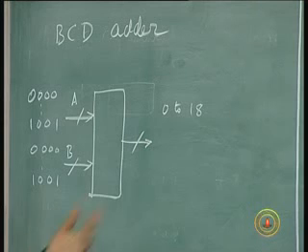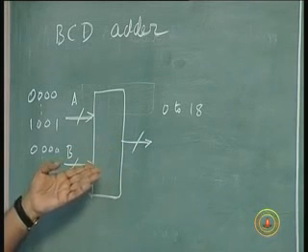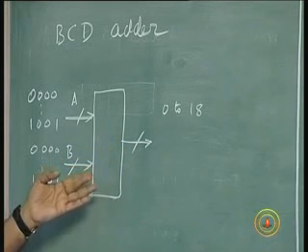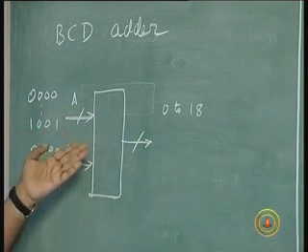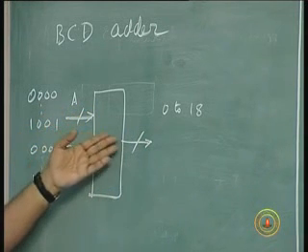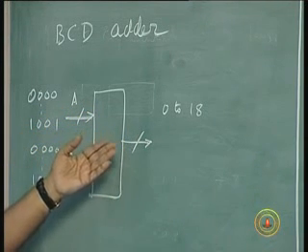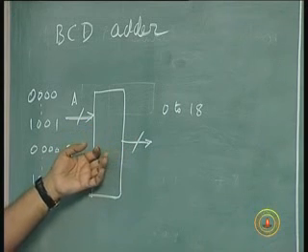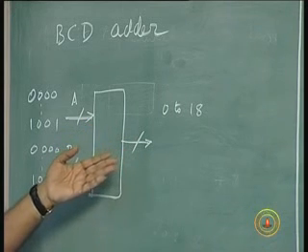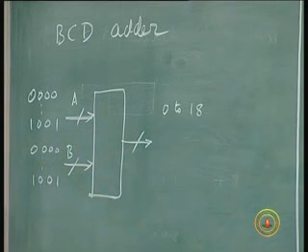But inside it is a binary adder. So when I give up to 9, there is no problem. 10 will become 1010, but I would like to have a 10 as 1 followed by a 0.